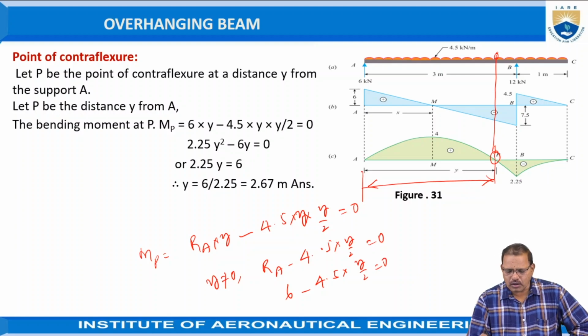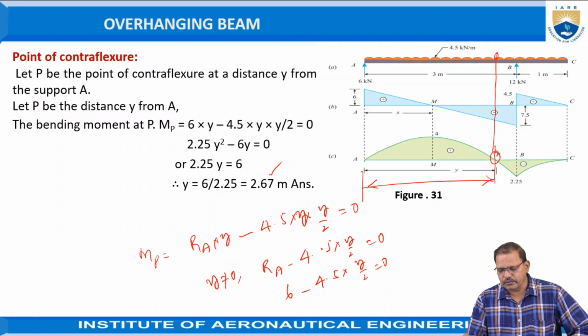Okay, from this relationship we got y equal to 2.67 meters from the end. Okay, this is the way of identification of shear force across the section of the beam as well as the bending moment, and determining the point at which the bending moment is changing its sign from positive to negative or negative to positive. It is also called contraflexure.